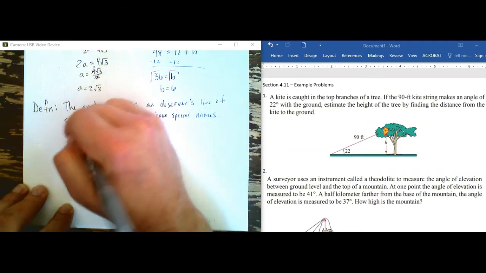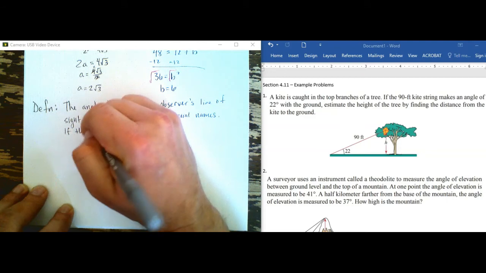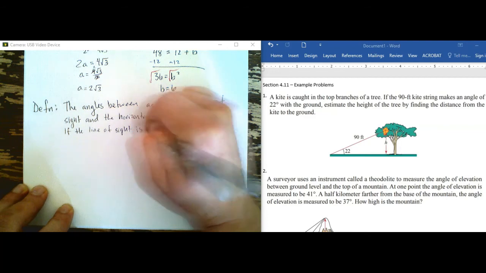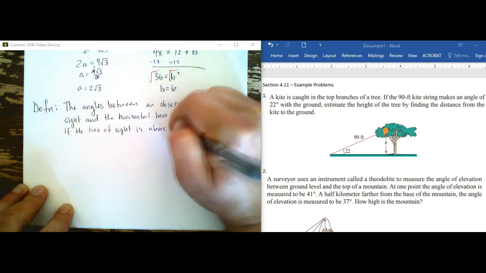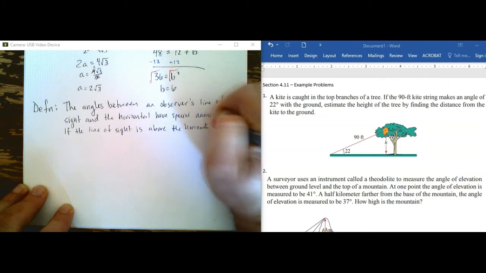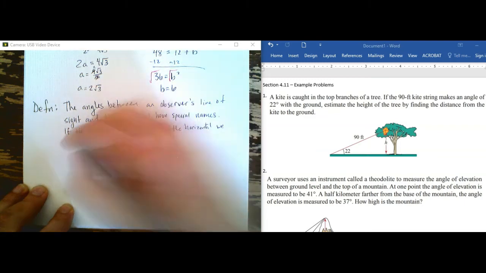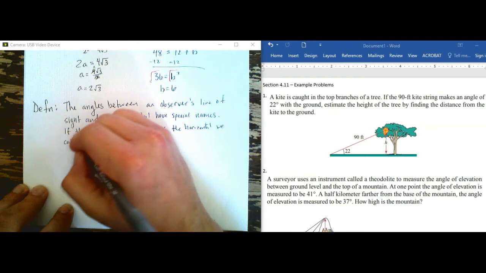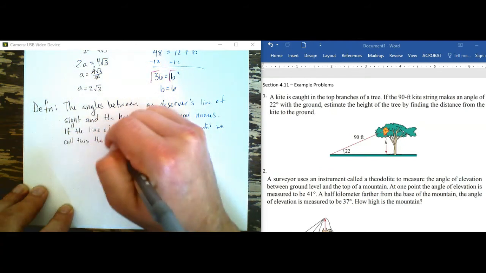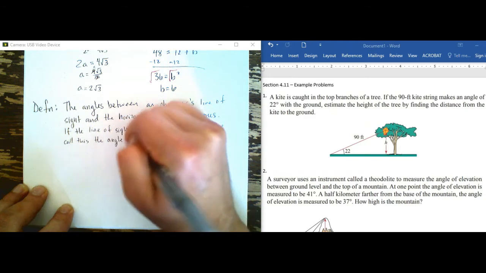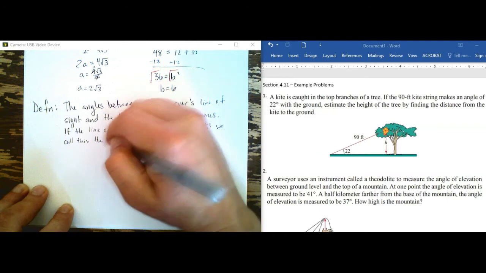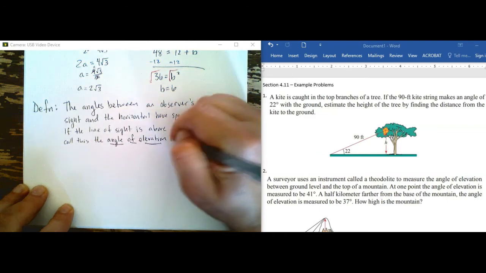If the line of sight is above the horizontal, we call this angle the angle of elevation or inclination.